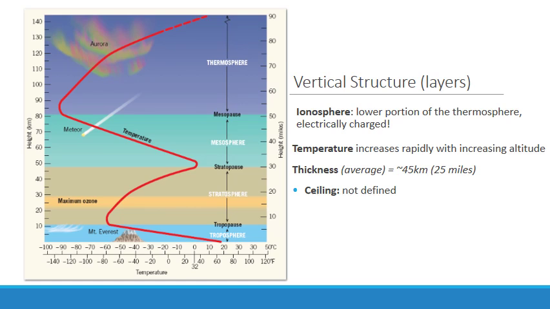A quick word here, though, about the bottom layer of the thermosphere. In addition to the layers defined distinctly by the vertical variations in temperature, another layer is the ionosphere, and it's located in the altitude range between about 80 and 400 kilometers. So it coincides with the lowest portion of the thermosphere.